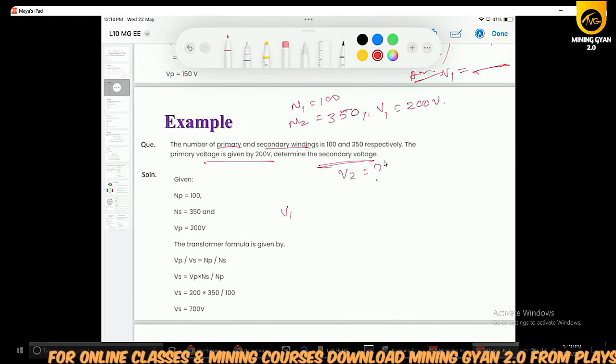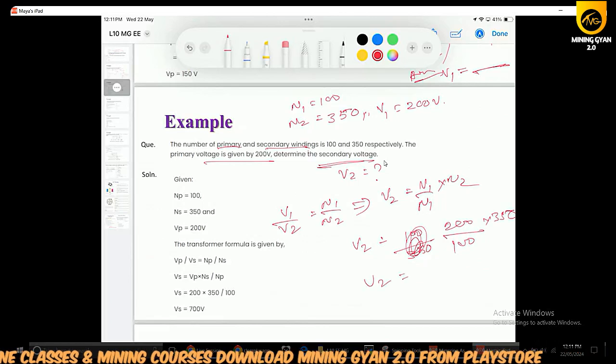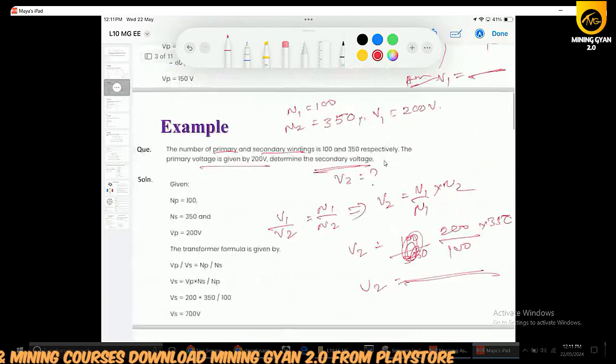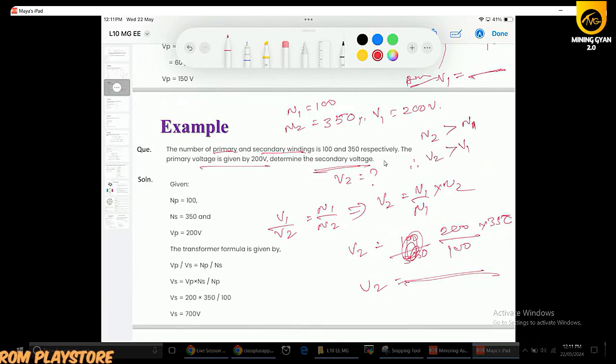Again, you can write V1 by V2 equals N1 by N2, such that V2 will be V1 by N1 into N2, that is 200 divided by 100 into 350. That much will be the voltage. As you know, the number of turns in the secondary winding is greater than in the primary winding, and hence you will get more voltage in the secondary winding as compared to the primary winding.